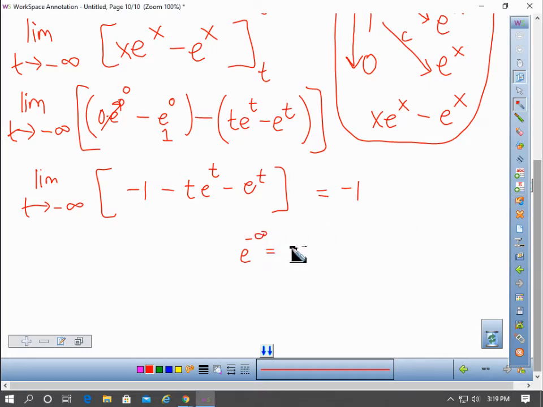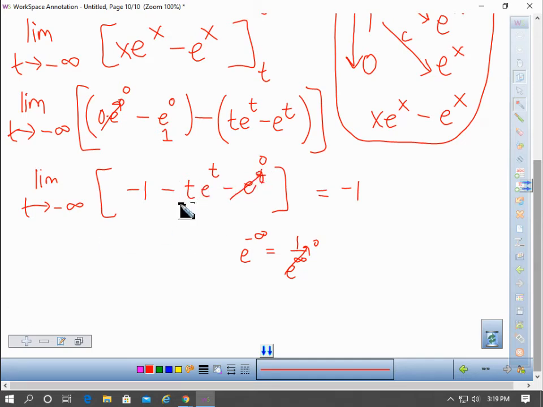Since that's a negative power, I can throw it to the bottom, so that's going to be 1 over e to the infinity, which is 1 divided by a really big number. So this is going to go to 0. So that's going to be minus 0.